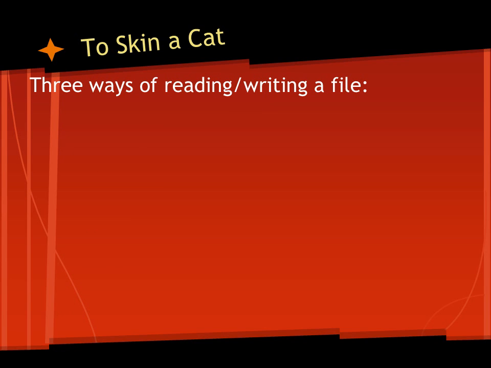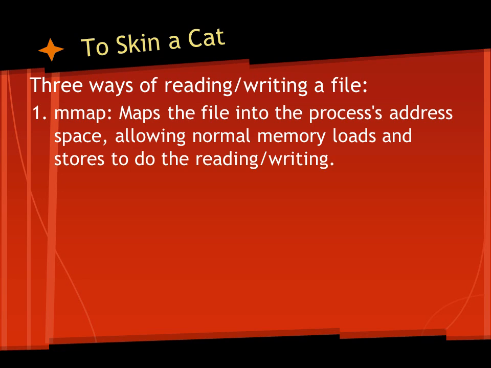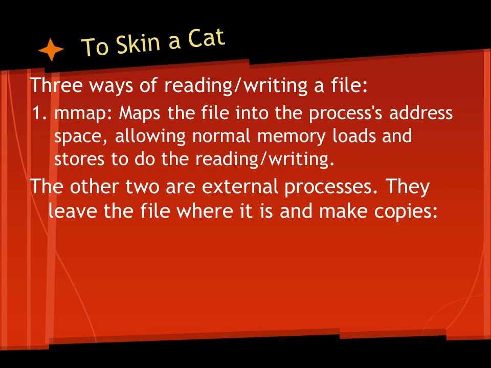Now that you have a file open, you might want to read or write its contents. There are three common methods for the operating system to do this that we'll give a brief overview of. The first and simplest procedure is mmap, which is short for memory mapping. mmap puts the file in the process's address space and allows straightforward loads and stores to handle reading and writing.